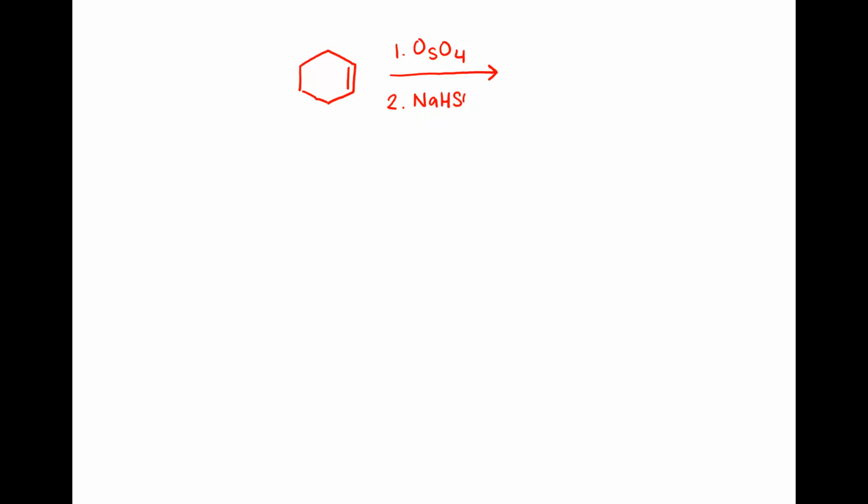And with sodium bisulfite workup will provide the Syn diol. And due to an internal plane of symmetry here, this is a meso compound. So let's look at the mechanism.